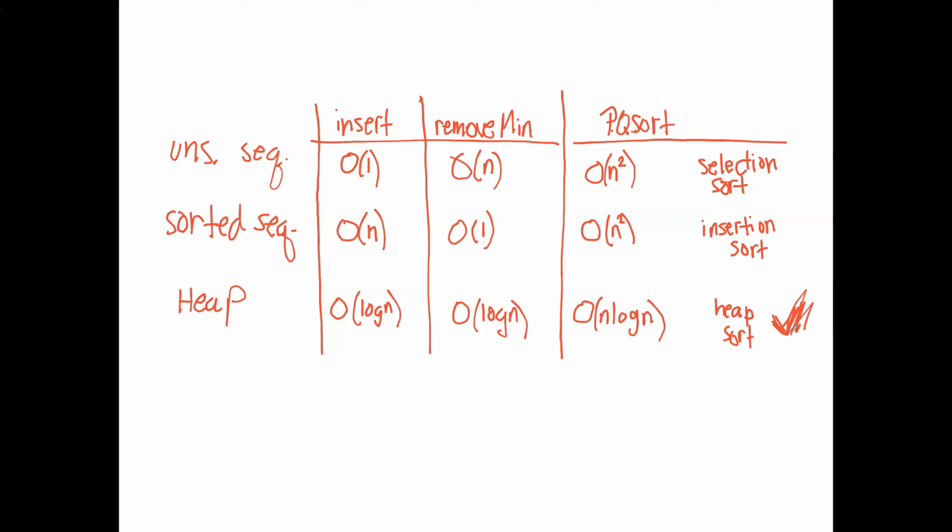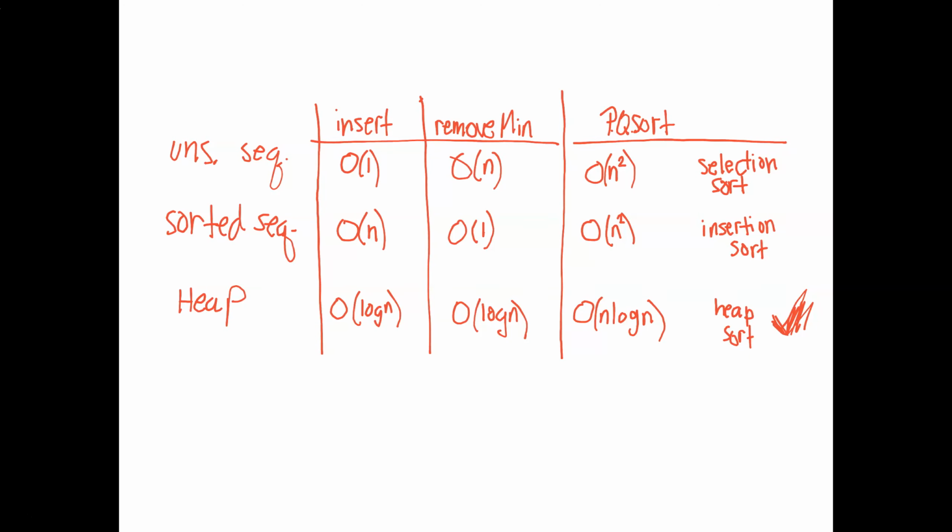So there's a few ways that we can implement a heap. We've seen that this is a binary tree storing keys at internal nodes, and it satisfies the heap order property and complete binary tree property.